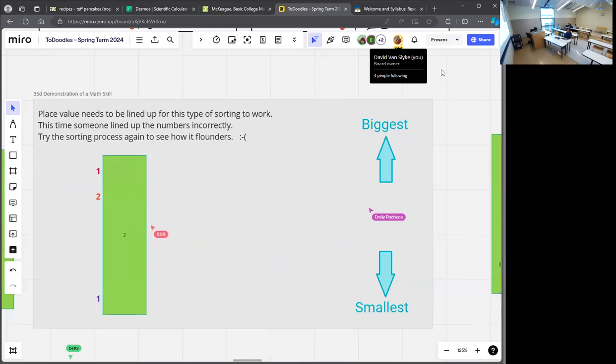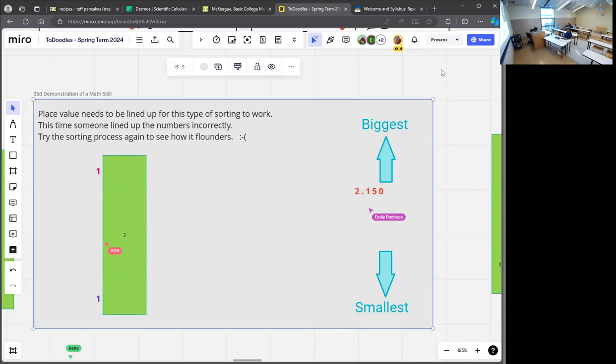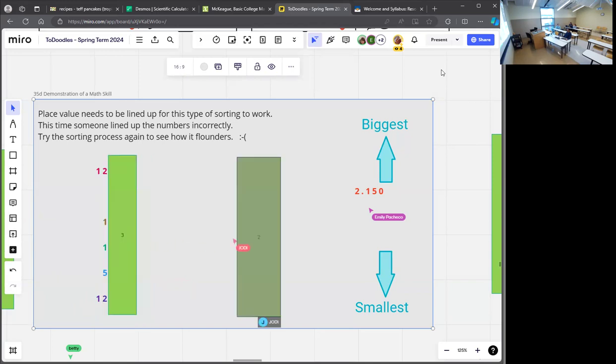Okay, it looks like there's a 2. This must be bigger than the others. So let's grab that and put it as biggest. Okay, keep going. Oh, okay.